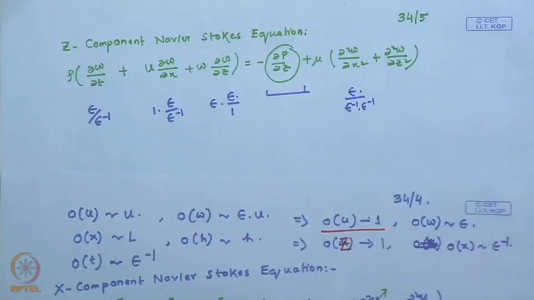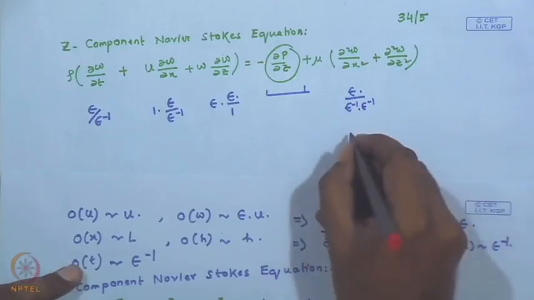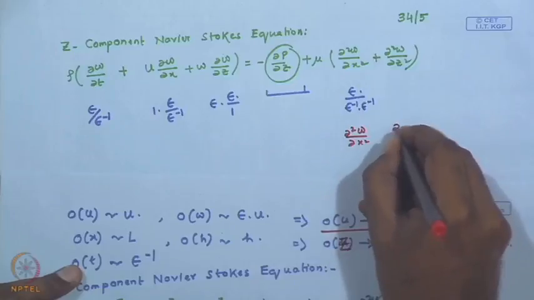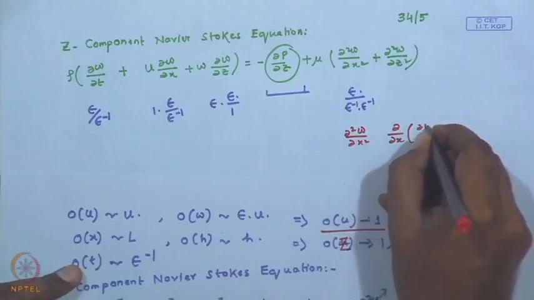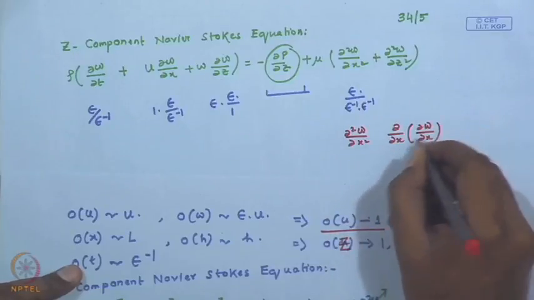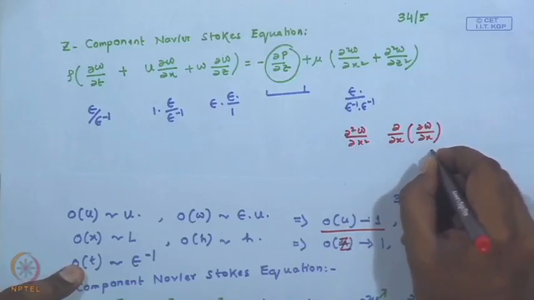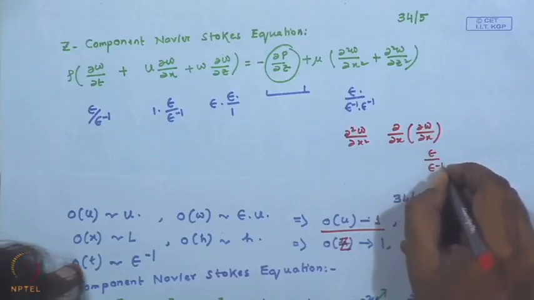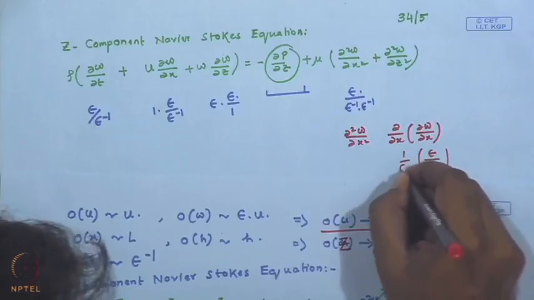Remember that this type of a term, del 2 w del x square, one looks at the order like del x of del w del x. So, first we look at the order of del w del x, it is epsilon by epsilon inverse, and then again look at it as del x.